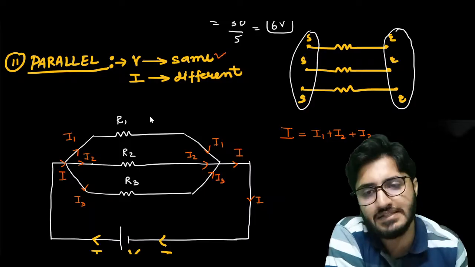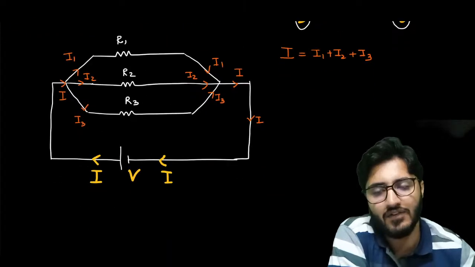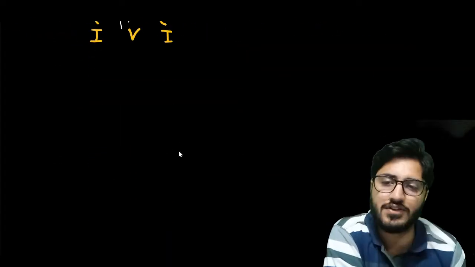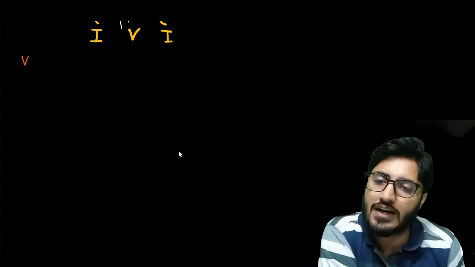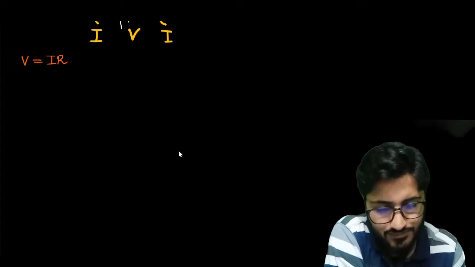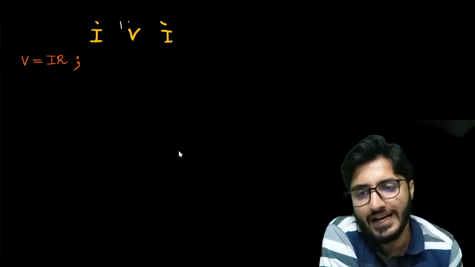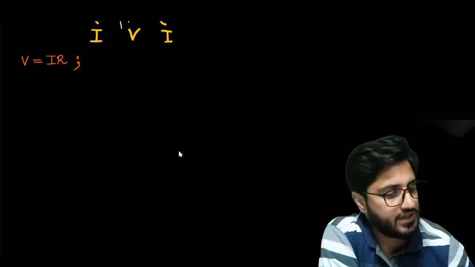Okay, V remains same. So what I will write here, sir, we know that V is equal to I into R. I guess potential is same.